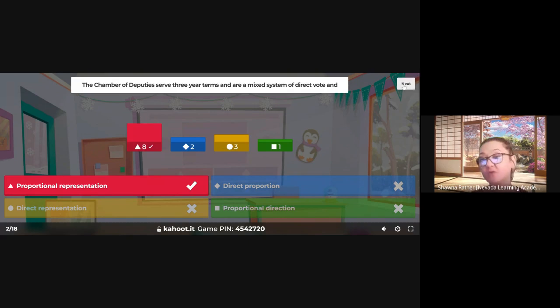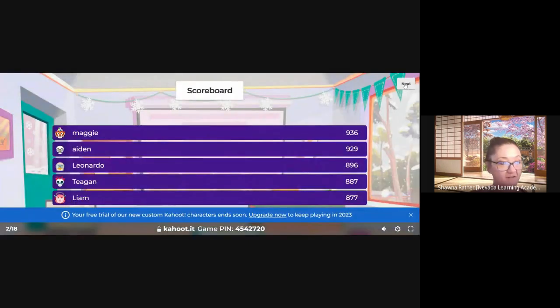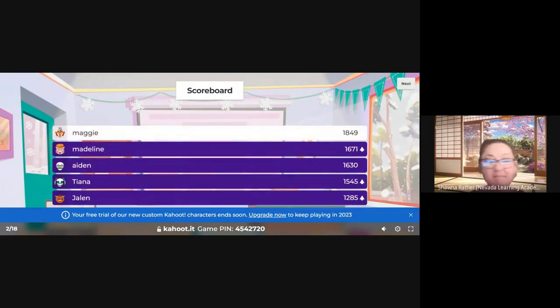That's what happens when you have multiple parties, right? Where are we at? Maggie's still in the lead. Ooh, Madeline jumped up there. Look at that.